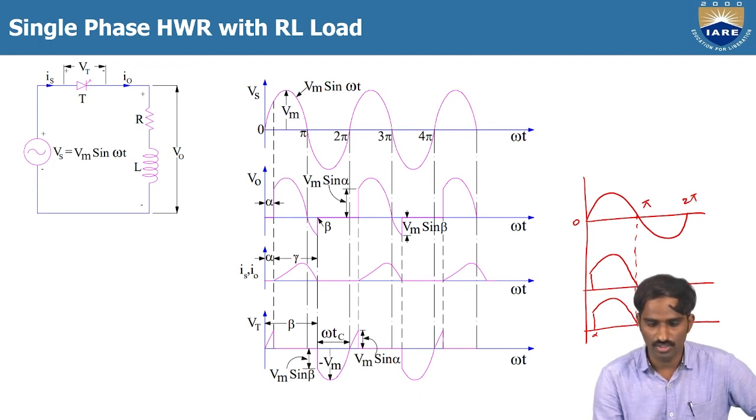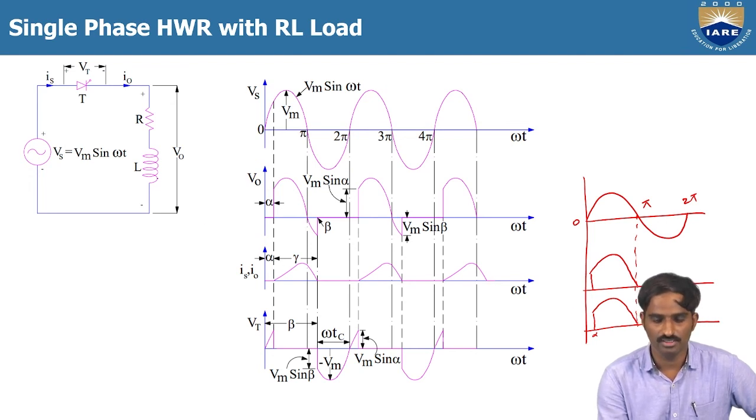But in case of RL load, when the thyristor is turned on, the current is still 0 and it gradually increases. Even after pi, the current is still flowing through the load, but it becomes 0 when it reaches beta. Why does it not rise rapidly like in the case of R load?